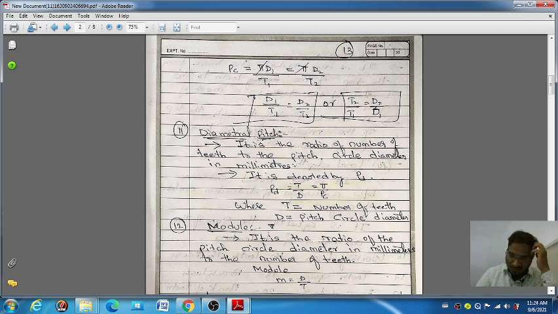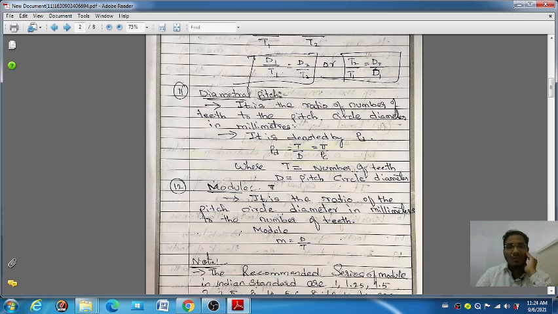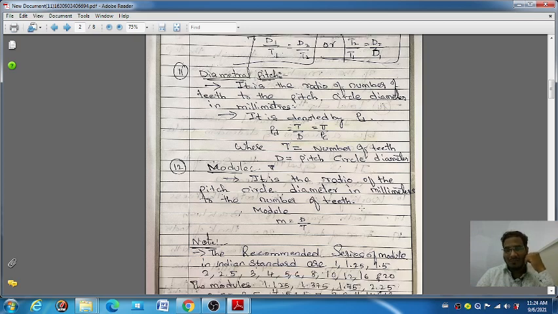Here we denote it as PD. PD is equal to T by D, or is equal to pi by PC, we can write. T is the number of teeth and D is the pitch circle diameter. This is your diametral pitch.